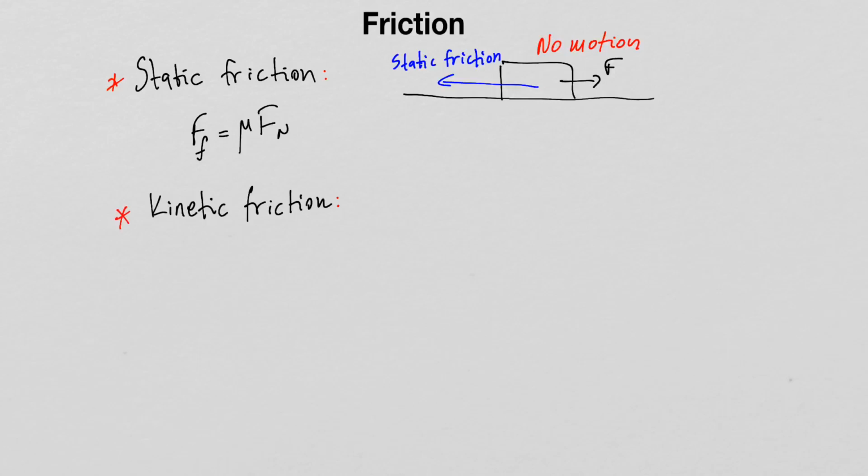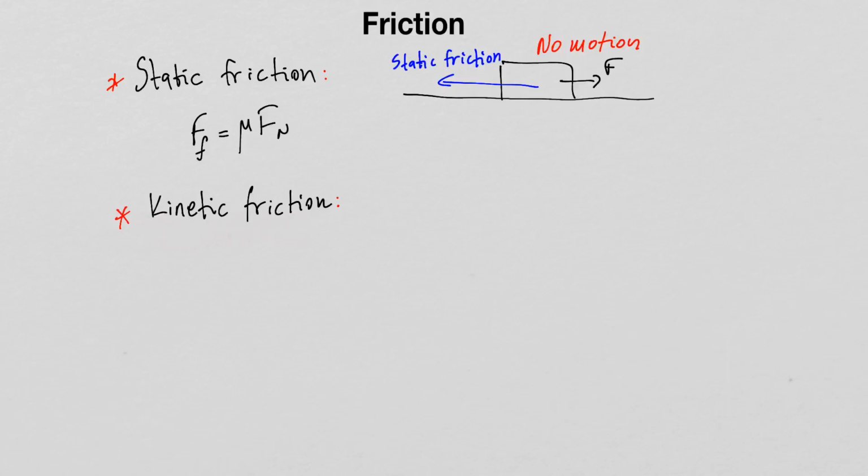Once the applied force F becomes larger than the maximum possible static friction force between the object and the surface, now the object will start to move. And then in this case, the friction becomes a different kind of friction, which is known as kinetic friction.